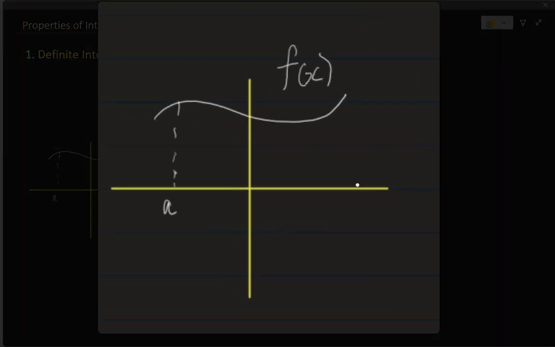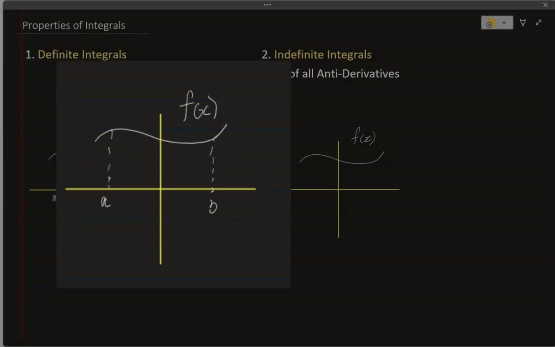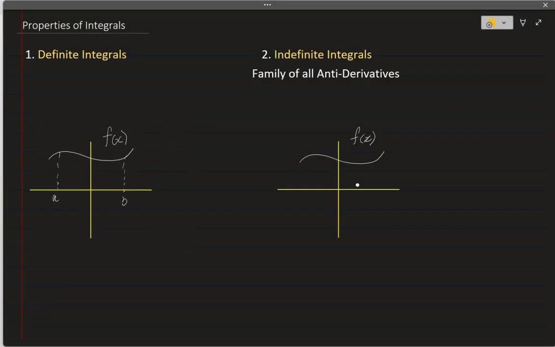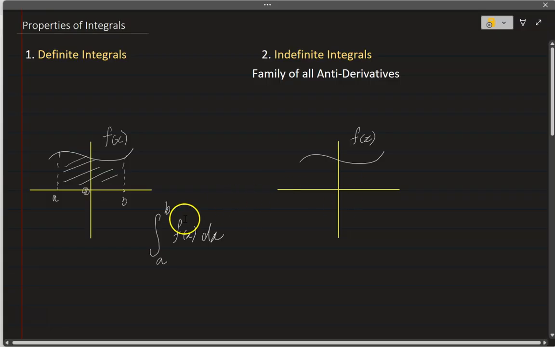Let's call the lower bound A and the upper bound B. So the definite integral is written with the lower limit and upper limit of that function, and that represents this area under the curve that is bound by the x-axis within this interval AB.